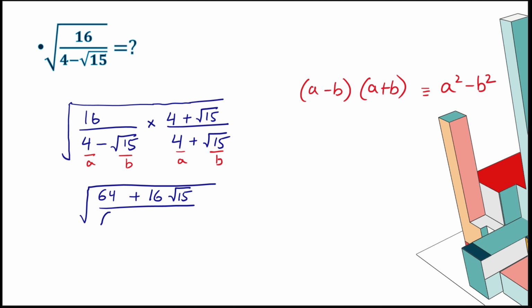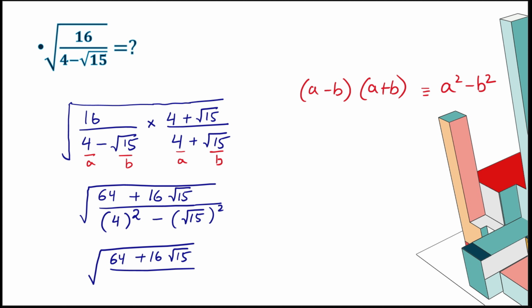That will make it 4 square minus square root of 15 square. Then 64 plus 16 square root of 15, and 4 square is 16 minus, and the square cancels with the square root, so we have 15 over there. Now 16 minus 15 is 1.